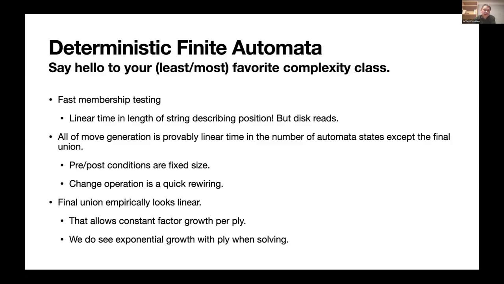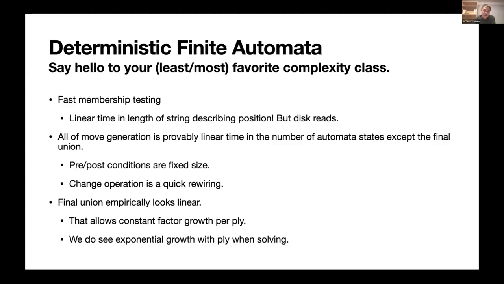And when we're working with deterministic finite automata and these specific kinds of rules, with the move specified the way I did before, we can prove that pretty much all of move generation is linear time in the number of automata states, the size of the DFA, except for the final union. Usually these would be quadratic time operations, but our pre and post conditions are fixed size.